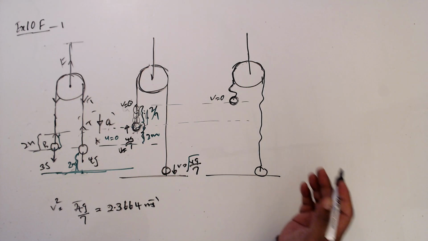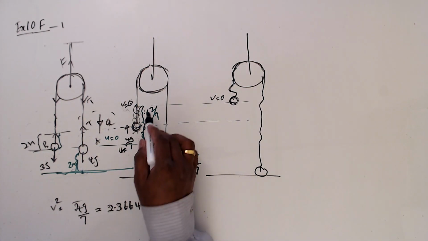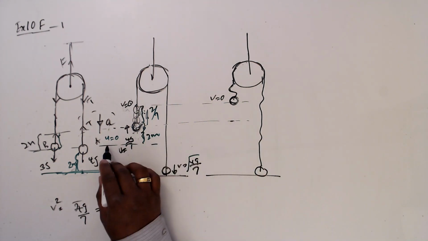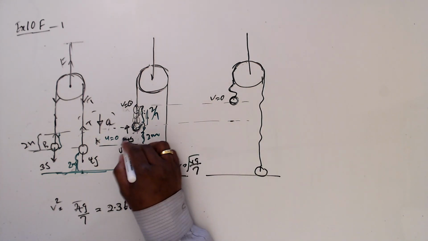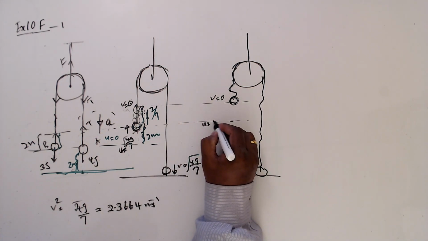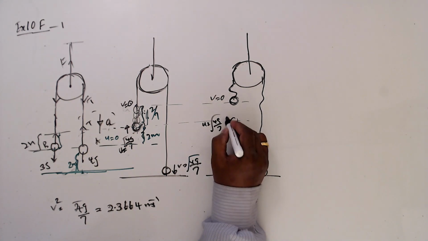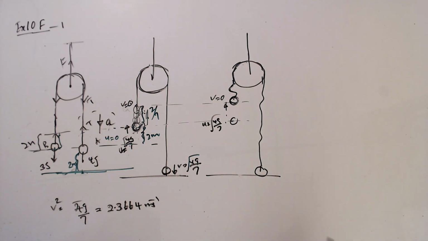So there is no continuation of this sum. We managed to find this height. This is the starting speed, which we took as the square root of 4g over 7 from here, and yeah, we worked it out.